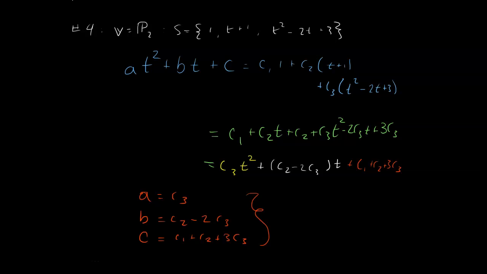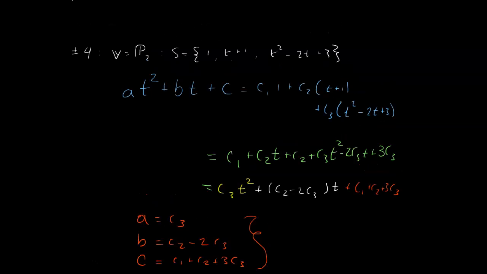And what we can ask then is, well, we have 3 vectors, or 3 functions here. You might think of them as 1 by 1 vectors. And because the second degree polynomial space is, it sounds kind of weird, a 3-dimensional space, if these 3 are linearly independent, then they will span P2. So let's check if they're linearly independent.